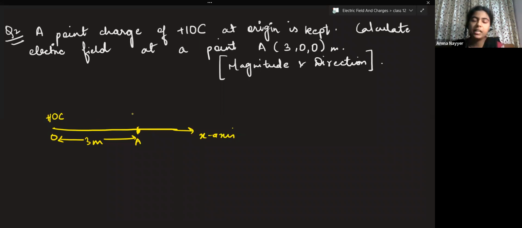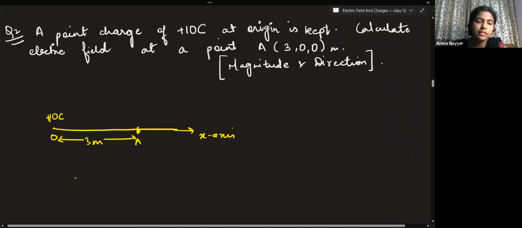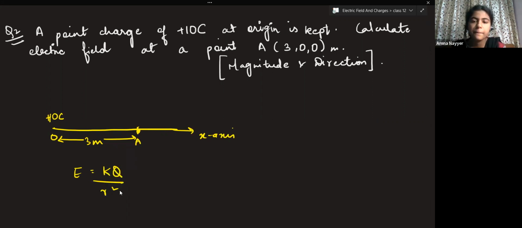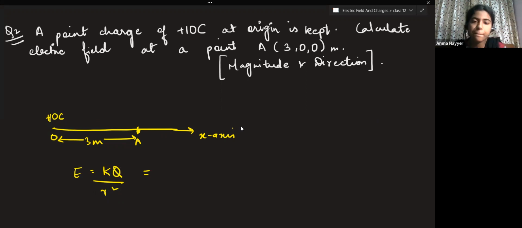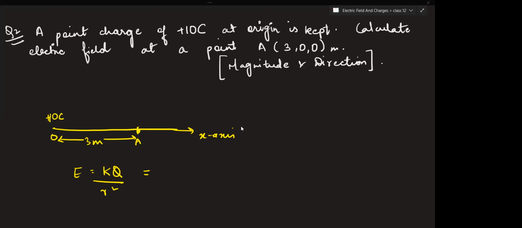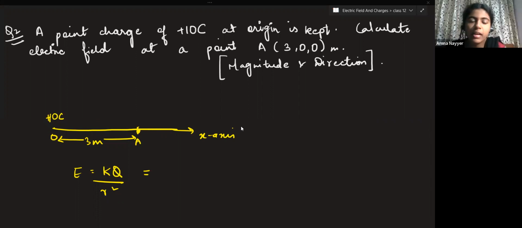So for calculation of electric field, see, electric field is equal to K capital Q divided by R square. So see, K, what is the value of K? 9 into 10 to the power 9. And Josefa, what is the value of capital Q?